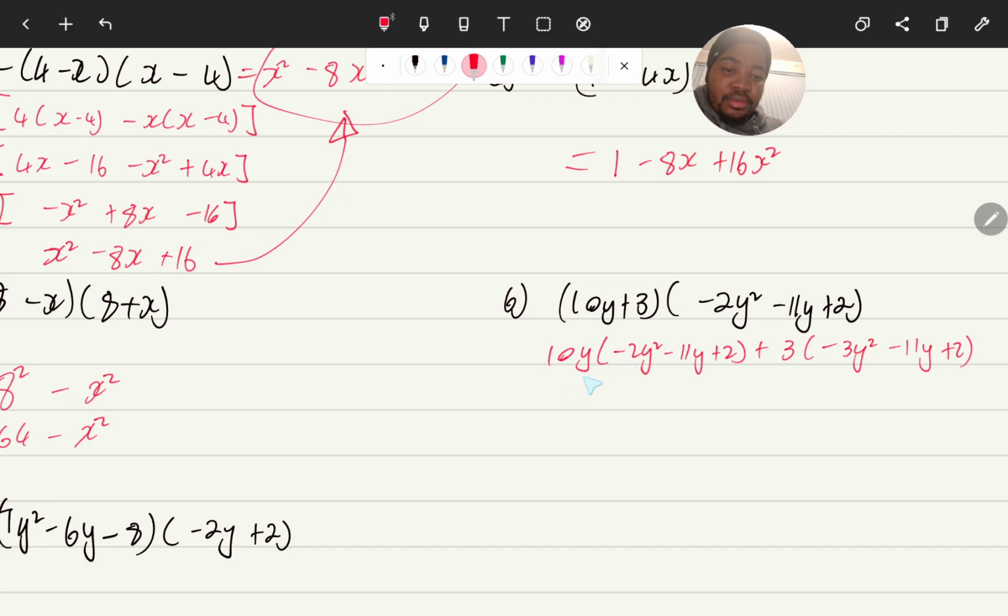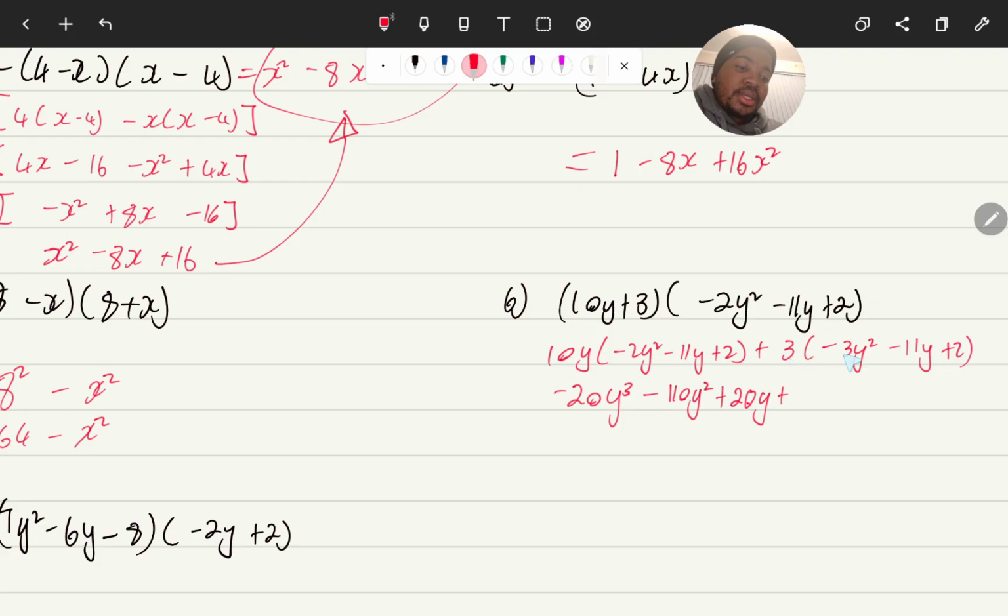You have minus 20y to the power of 3, minus 110y squared, plus 20y.